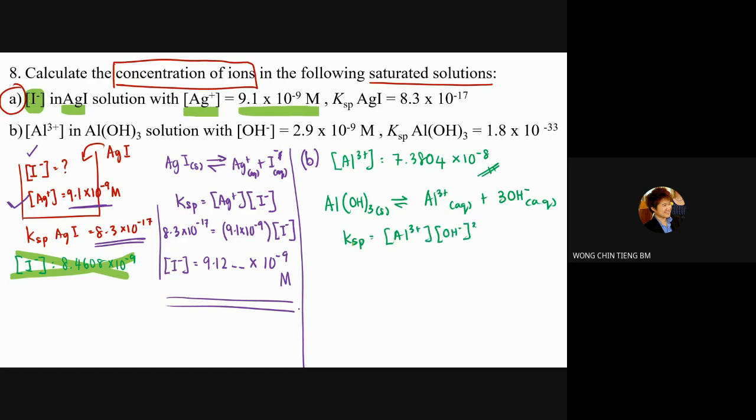That is the problem. Betul? Okay? Your KSP value given sayang 1.8 times 10 to the power of negative 33 equals to concentration aluminium 3 plus, the one that we are looking for. OH minus is 2.9 times 10 to the power of negative 9 to the power of 3. Then baru kamu akan dapat your aluminium 3 plus.